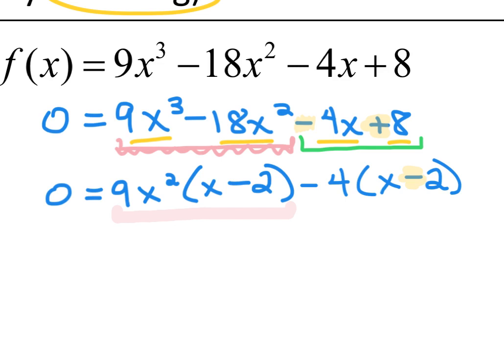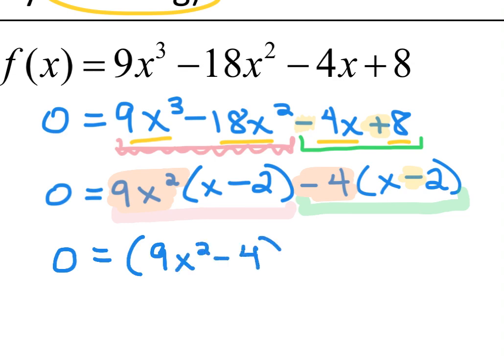Excuse me, and what you got when you factored the green part was this. Then the next thing that you're going to do is you're going to take the 2 GCFs that you found, the 9x squared and the minus 4, and those are going to become the other binomial. So now you have 0 equals, take the 9x squared and the minus 4 and multiply that times x minus 2.